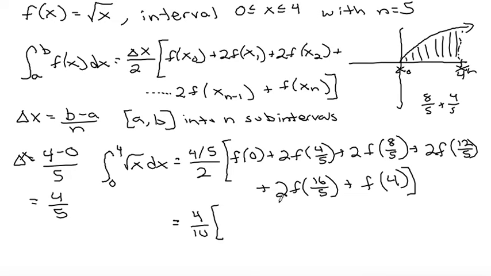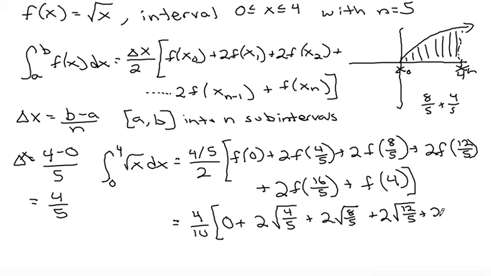So this would be the square root of 0, which is 0, plus 2 times, we can write that as the square root of 4 over 5, and then plus 2 times the square root of 8 over 5, plus 2 times the square root of 12 over 5, plus 2 times the square root of 16 over 5, and then plus, the last one would be not times 2, just the square root of 4. And that finishes it off.